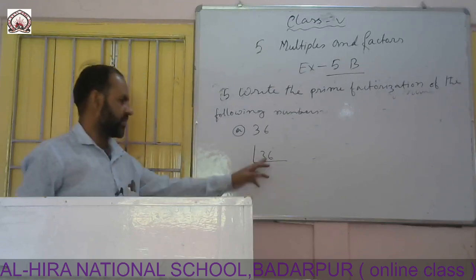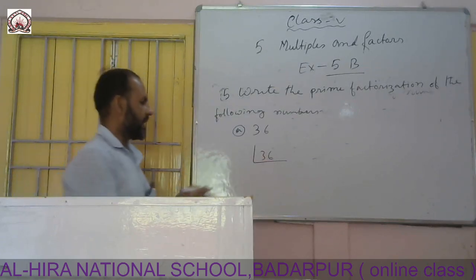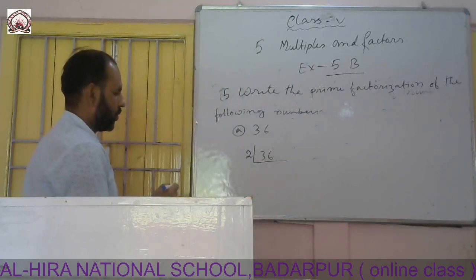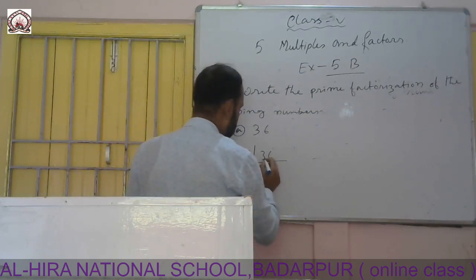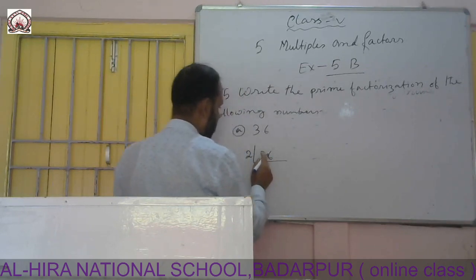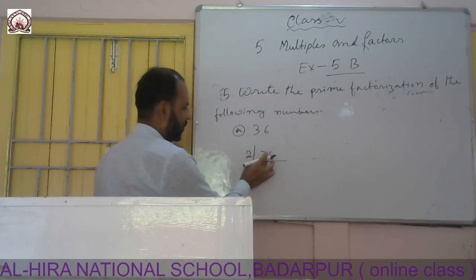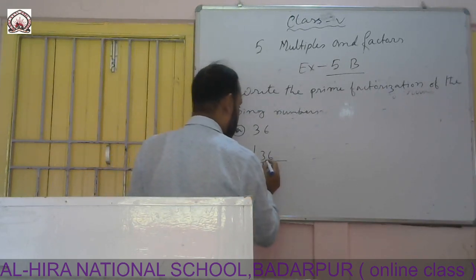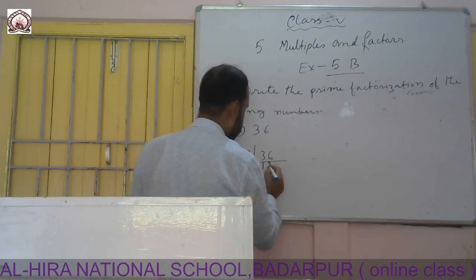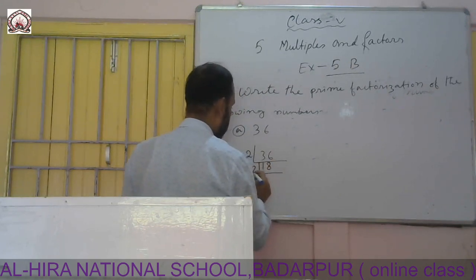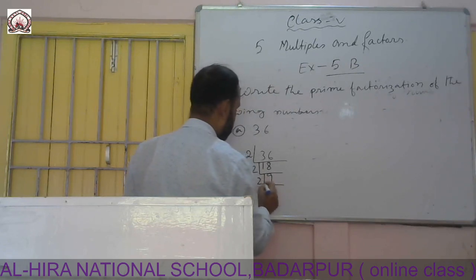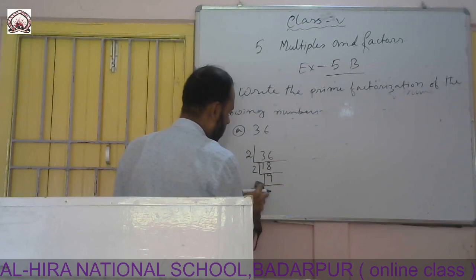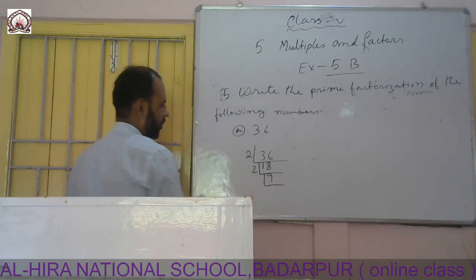Yes, 36 is an even number, so it is divisible by 2. 2 times 1 is 2, 3 minus 2 leaves 1, and there 6, 16. 2 8s are 16, 18. Next 2 9s are 18. 9 is a composite number and an odd number also.